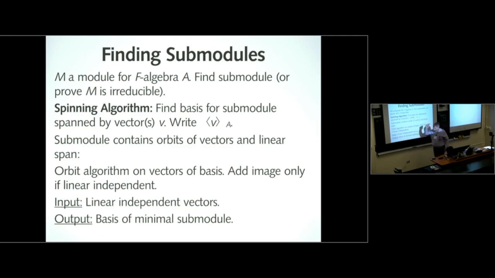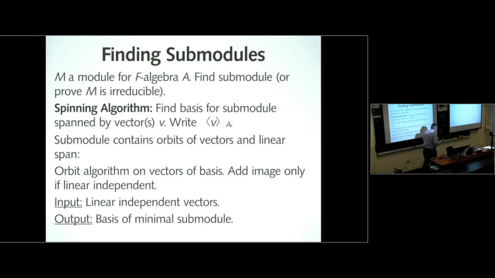So, take some linearly independent vectors, which you put at the start in your queue, go through the queue, take the next vector of the queue, calculate the image under every generator of the group, and check: does this image lie in the linear span of the queue so far? If yes, fine, so far everything okay. If not, you add it to the queue and you go through.